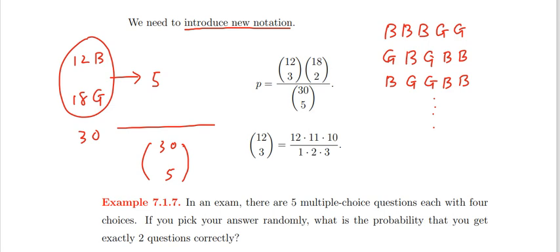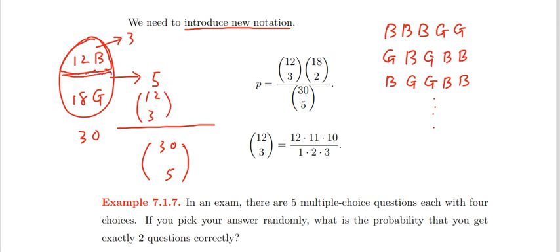Okay, so the question is we need to get 3 boys and 2 girls. For the 3 boys, from this part, from the 12 boys, we just pick 3. From 12 pick 3.